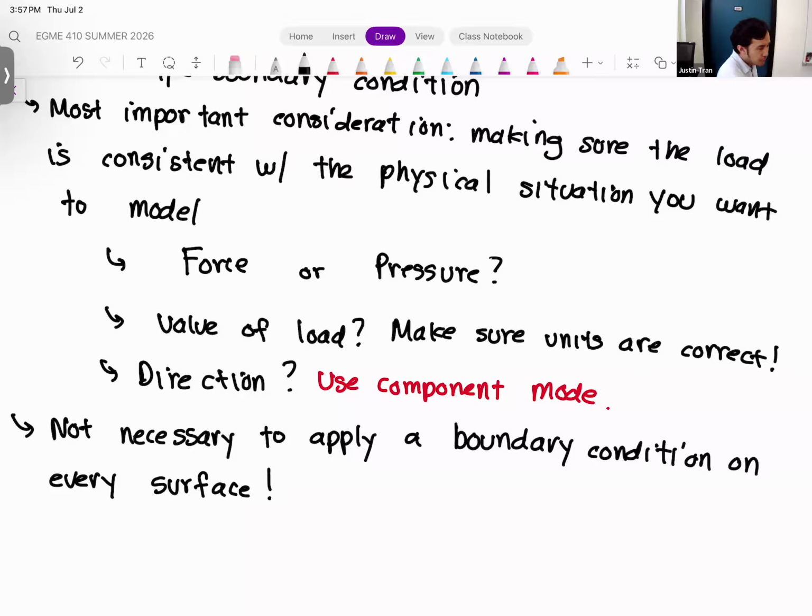Right? As our geometries get more and more complicated, you're going to see that there are more and more surfaces for us to potentially apply boundary conditions, but you don't need to apply one on every single surface. You only need to apply boundary conditions on surfaces that are going to experience some kind of external effect. Okay?